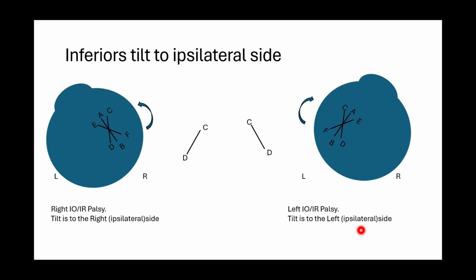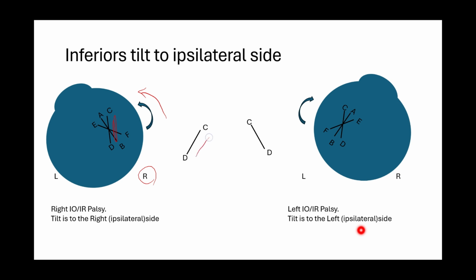Inferiors cause tilt to the ipsilateral side. So let's see again whether this happens. Here again, the right eye, there is a palsy. Since it is an extorter palsy, the eye is intorted. Since the eye is intorted, instead of AB, CD comes into play, and a linear object starts stimulating the line CD.